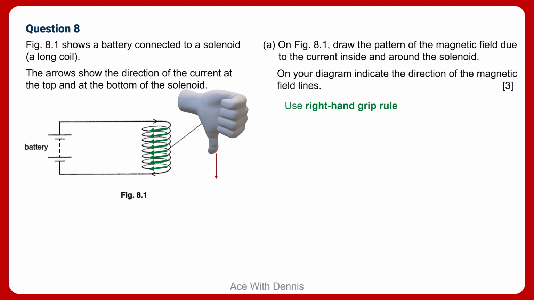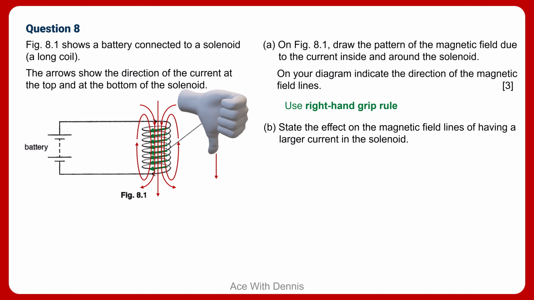So this direction is the direction of the magnetic field lines. So what you need to do is first you draw a straight line pointing downwards, and then a few other curved lines pointing in this direction, and you can draw one more like this, which is around the solenoid.